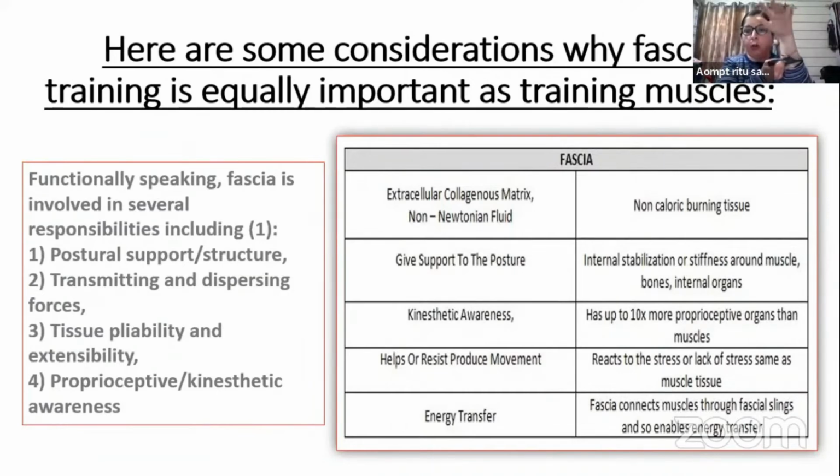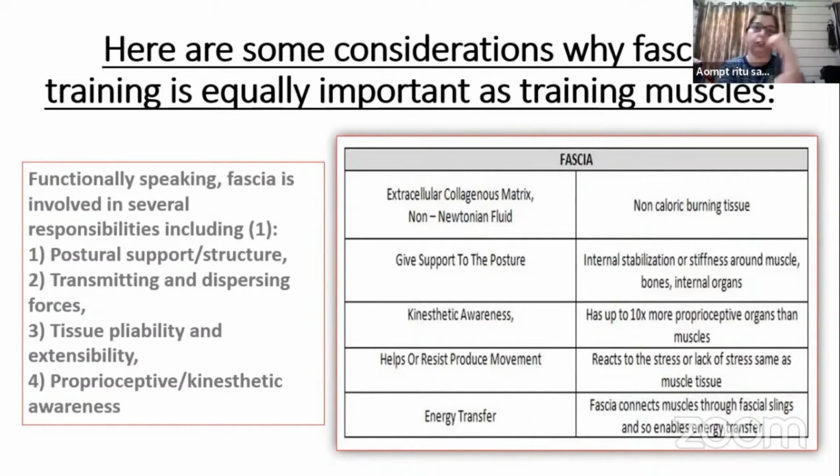It will not allow my movement of flexion and extension of the hand. But if I release the fascia, according to the restriction, where it is restricted, either for the extension or the flexion, whichever side of the fascia is restricted, I will give the glide, I will release the fascia, so it will allow the movement of that particular structure.